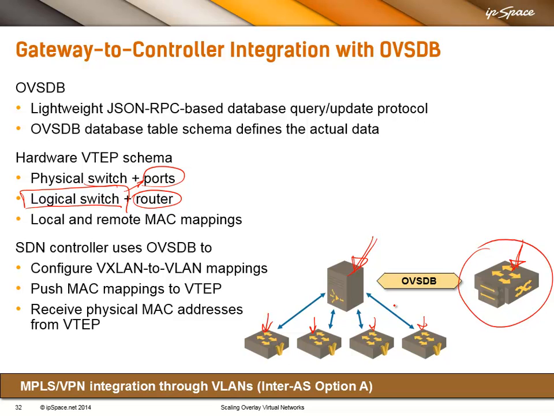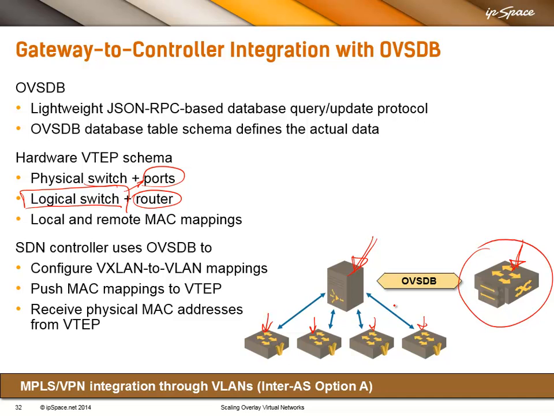The SDN controller can use OVSDB to configure the VXLAN to VLAN mappings, push the MAC mappings to the hardware gateway, and receive information about external addresses from the hardware gateway.